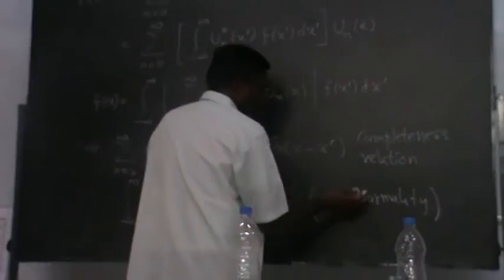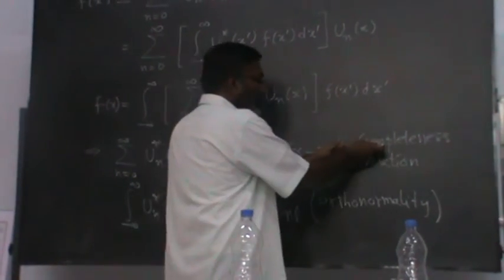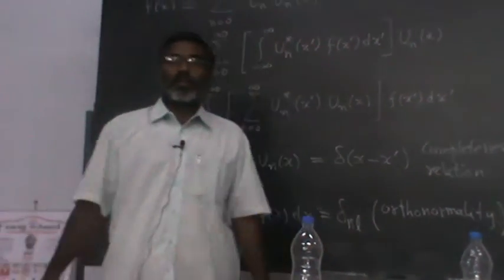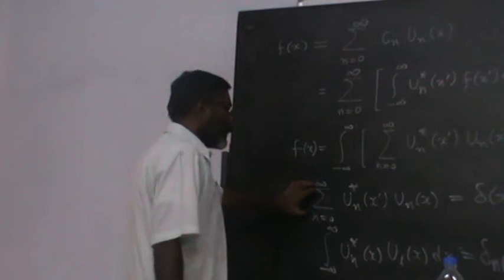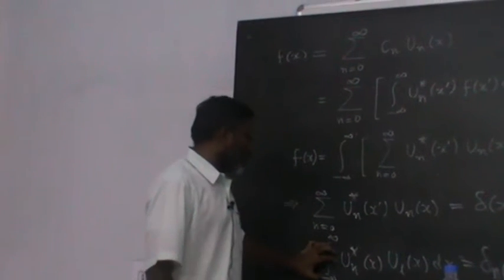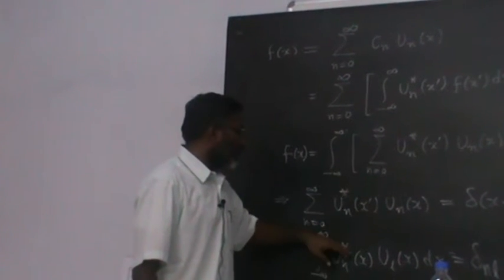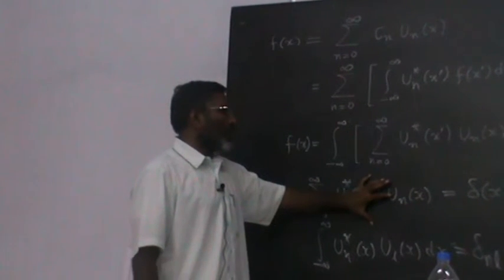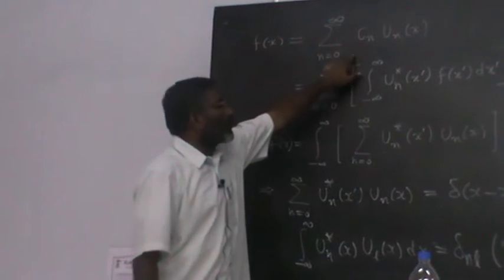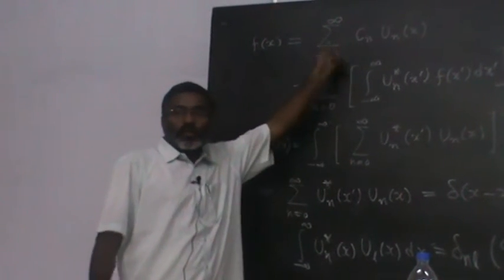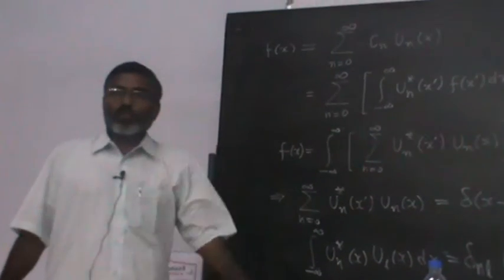So if a basis has orthonormality and is also complete, we call it a complete orthonormal basis. This is the completeness relation, this is the orthonormal relation. If a basis has these two, then it is a complete orthonormal basis. Only then can we say a function can be represented equally as a linear combination of basis elements.